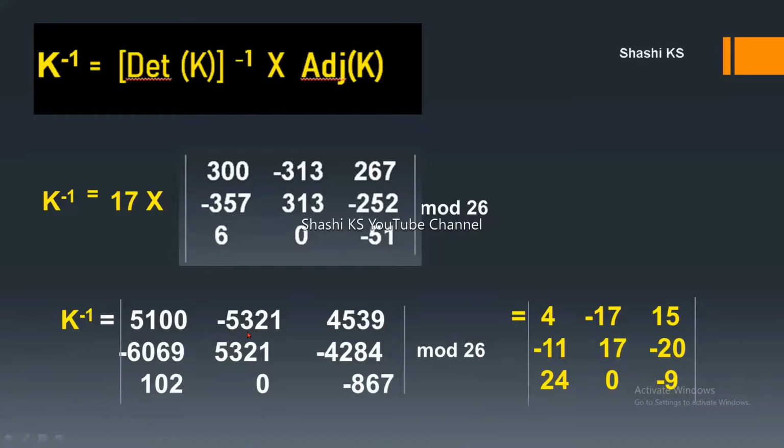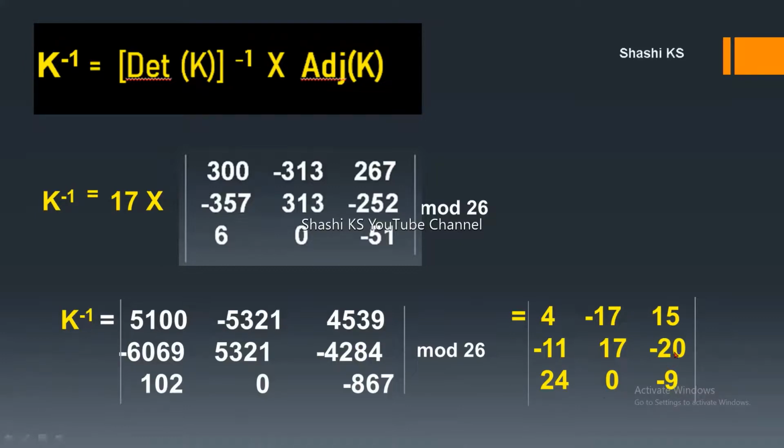When you do 5321 mod 26, the result would be 17, but this is -5321, so I have attached -17 here. Similarly, when you do -4284 mod 26, do it as though it is a positive number. When you do 4284 mod 26, the result would be 20. So then attach a minus sign to the result.